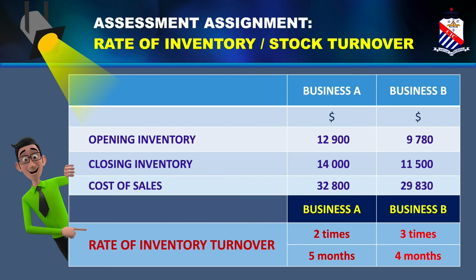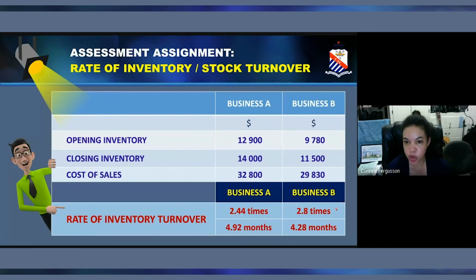So let's look at the figures again. In terms of times, to see which one is selling faster, you're looking at the larger figure. So in this case, it's 2.8. Business B is selling 2.8 times, whereas business A is selling less times. So business B is selling faster.